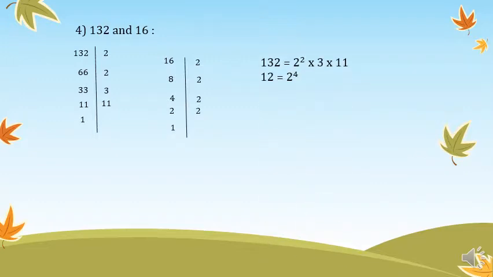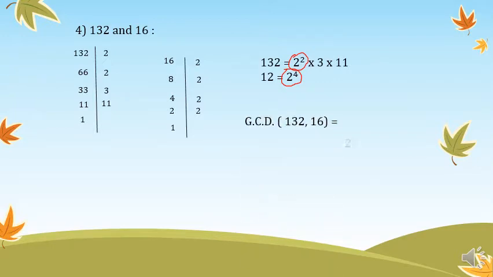And now I have to search for the GCD and LCM. As we said, first step, I circle the common factors. 2 squared and 2 to the power 4. Okay, 3 is not a common factor and 11 is not a common factor. For the GCD, I take the least exponent, the smallest one.